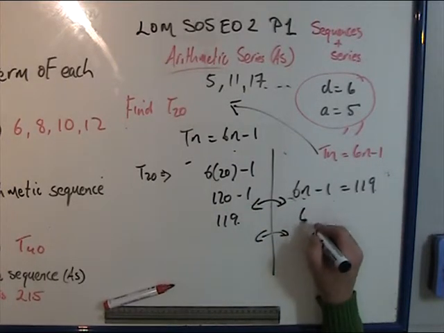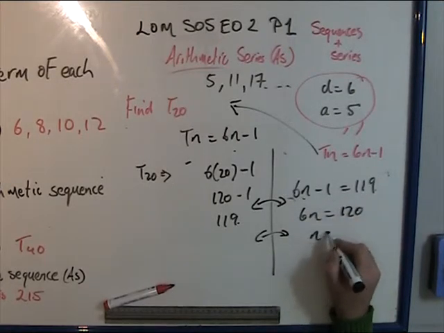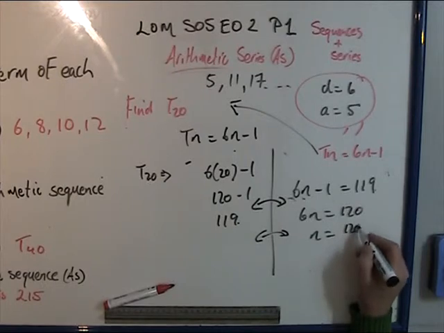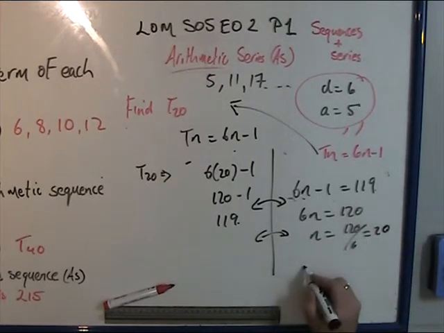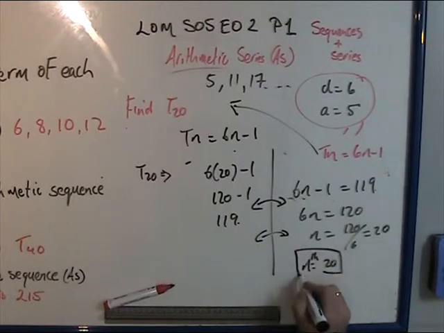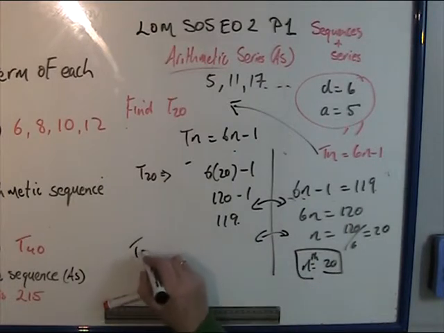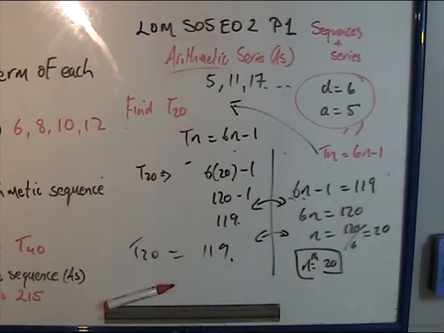So 6n is equal to 119 plus 1, bring it across, 120. n is equal to 120 over 6, which is equal to 20. So the n term is 20. That means T of 20 will give you 119. I hope that's very clear to you on those aspects.